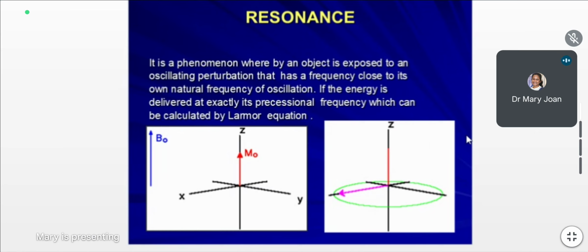So the nucleus, exposed to an external perturbation that has an oscillation similar to its own natural frequency, gains energy. This happens if the energy is delivered at exactly its precessional frequency, which can be calculated by the Larmor equation.